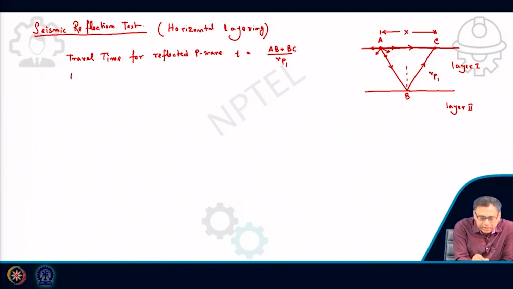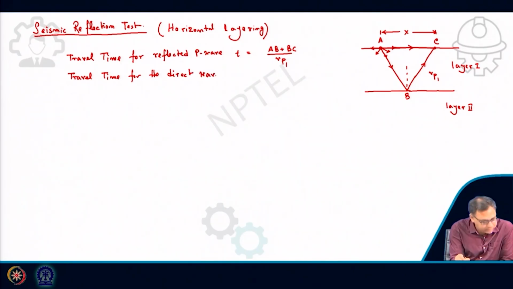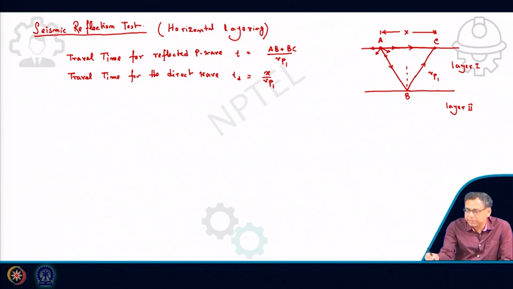The travel time for the direct wave, if I say TD, will be x by Vp1, because x is the distance and Vp1 is the velocity.